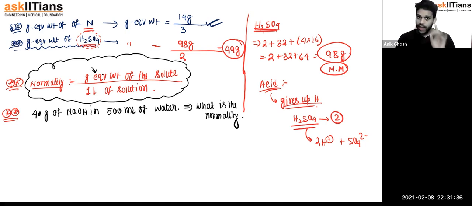After that, we will focus on the denominator. So first, we need to find out how many gram equivalents of solute there are. You need to convert the 40 grams of NaOH into gram equivalents.